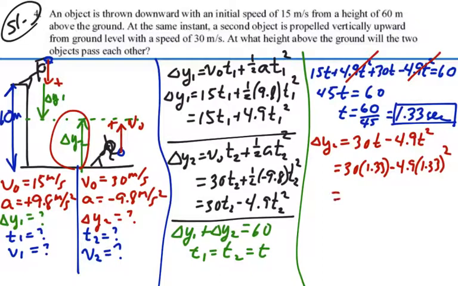And that is equal to 31.3 meters. So these two objects will pass each other 31.3 meters above the ground. And that will be the point above the ground that the two objects pass each other.